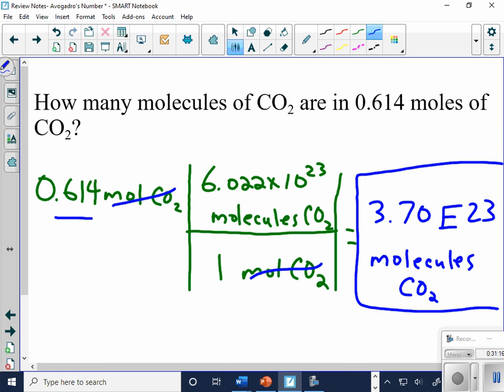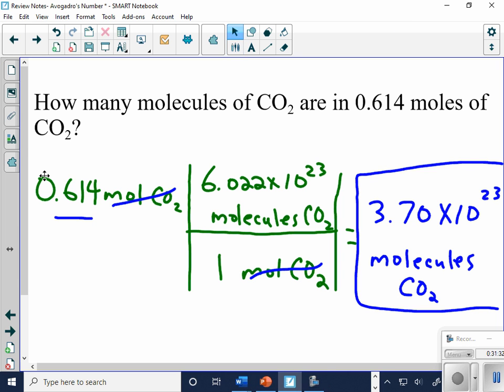Even though your calculator says e to the 23, that is not appropriate for our answer because we know that is scientific notation. And our scientific notation is a times 10 to the 23rd. So if you're going to put that e to the 23rd in there, you're going to miss some. Because that is not how we signify scientific notation with the e. We use the times 10.